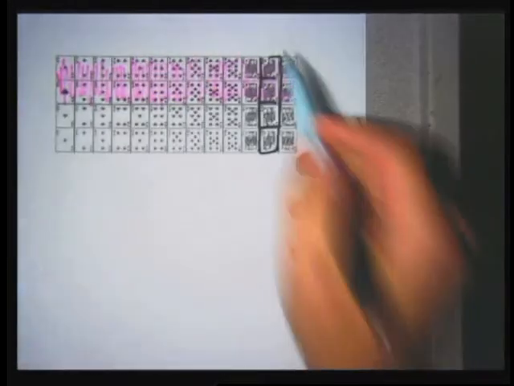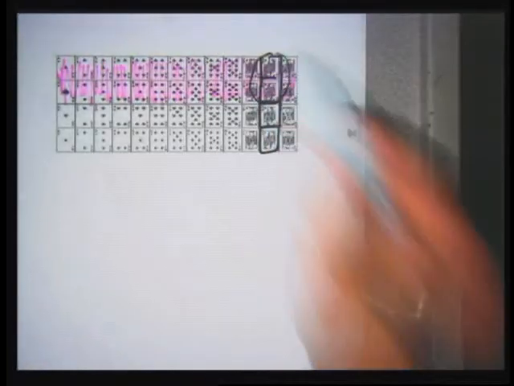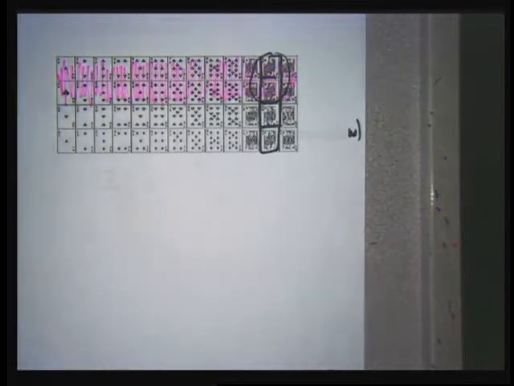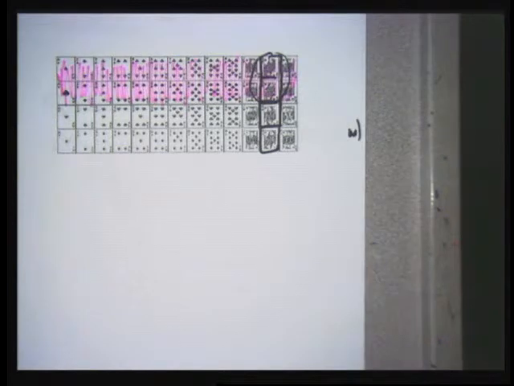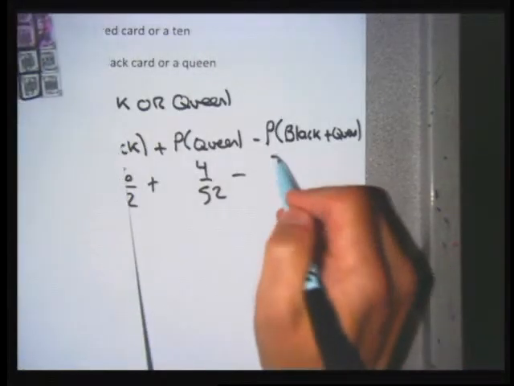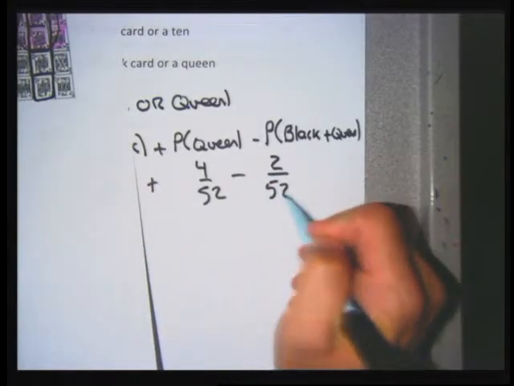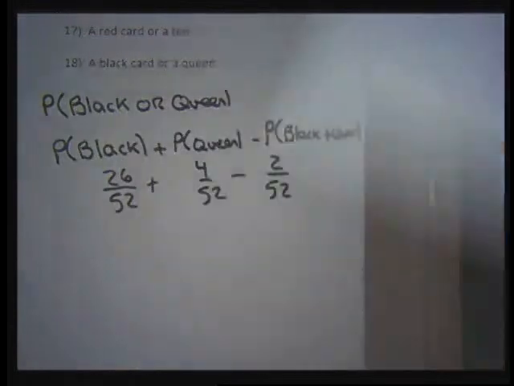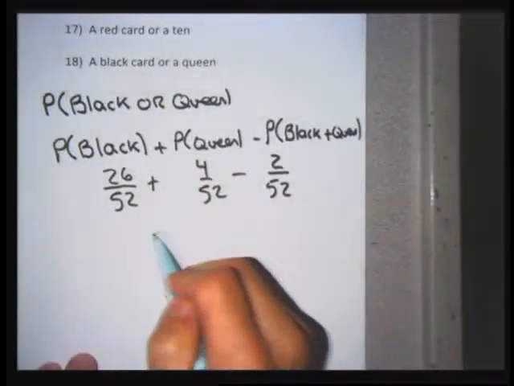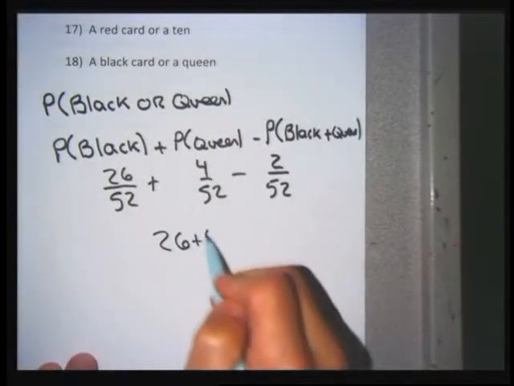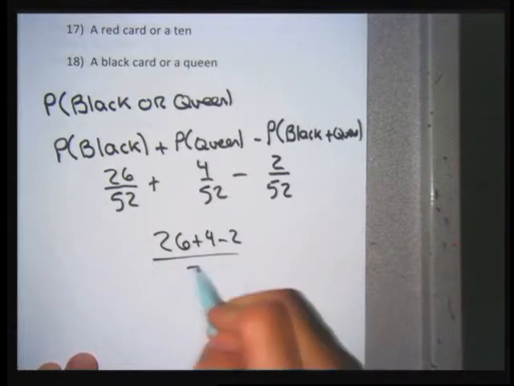And then the and probability, there's 2 cards that qualify as being black and queens. So I've counted those twice, and that's going to be the last fraction. The probability of getting a card that's both a queen and a black card is 2 and 52. So this is going to be 26 plus 4 minus 2 over 52.